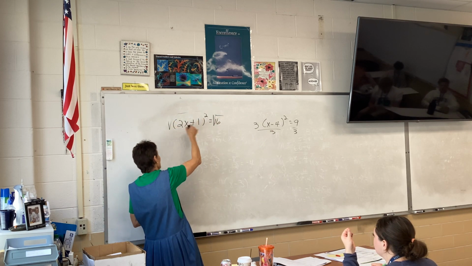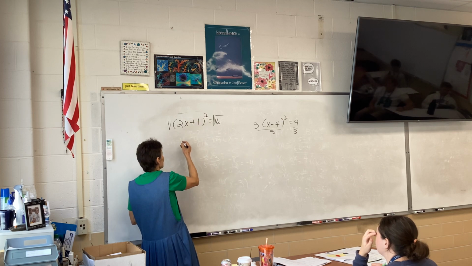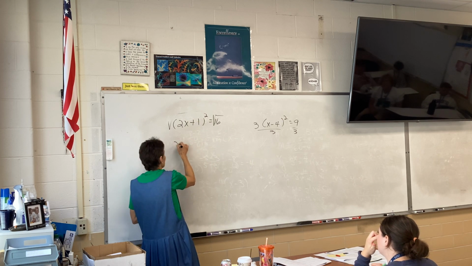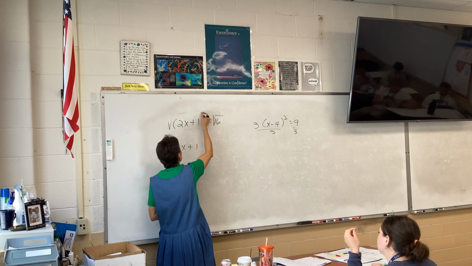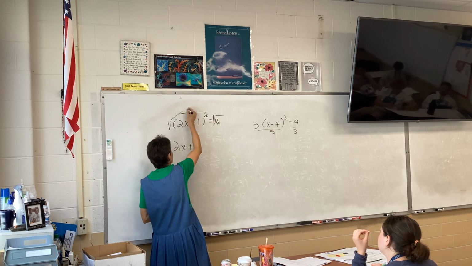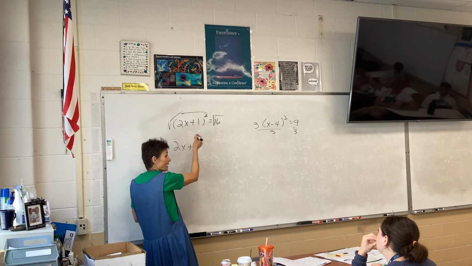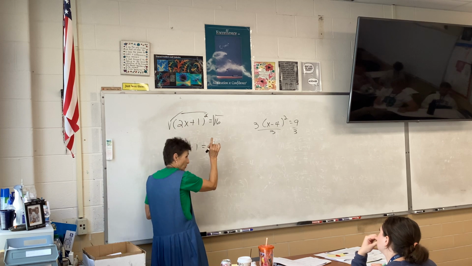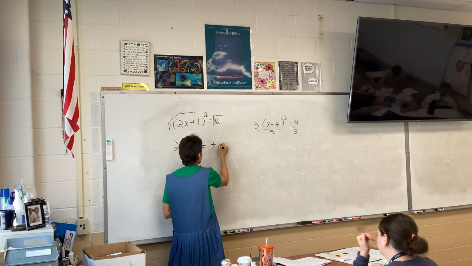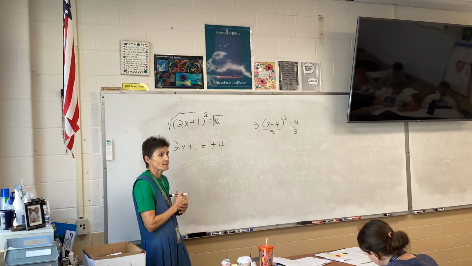So we have to square root both sides, so that's perfect. So when I square root this over here, what do I get? 2x plus 1. Remember, when you square root a squared, they cancel, and just leave you with that. 2x plus 1 equals plus or minus 4.